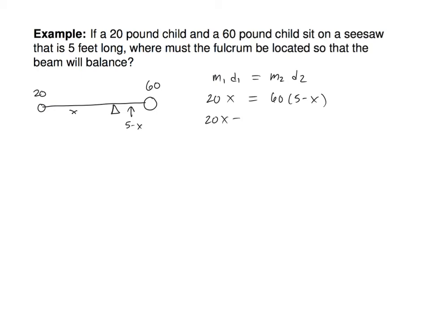So you have 20x equals, what's that, 300 minus 60x. 80x equals 300, and therefore x is equal to 15/4, which is 3.75.